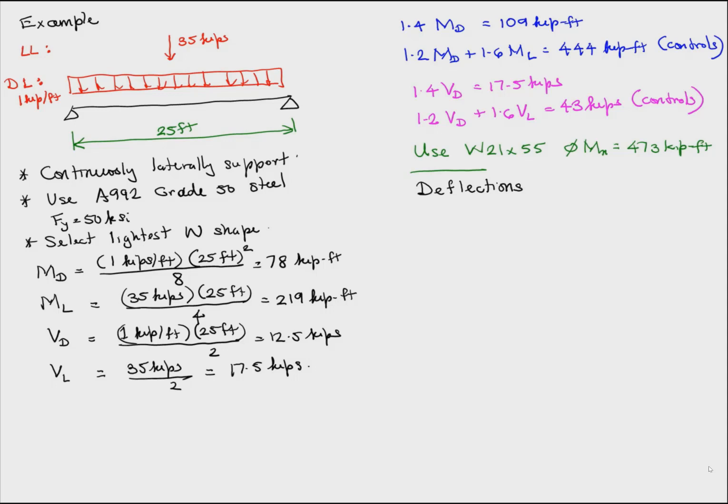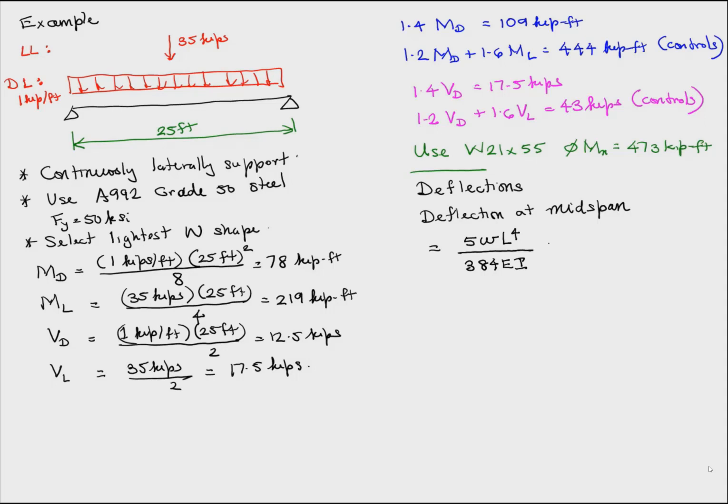And recall that deflections have to be checked with service load, the unfactored loads. So deflection at midspan, based on service loads. The dead load is a uniform load, so we have 5wL to the power of 4 divided by 384 EI.